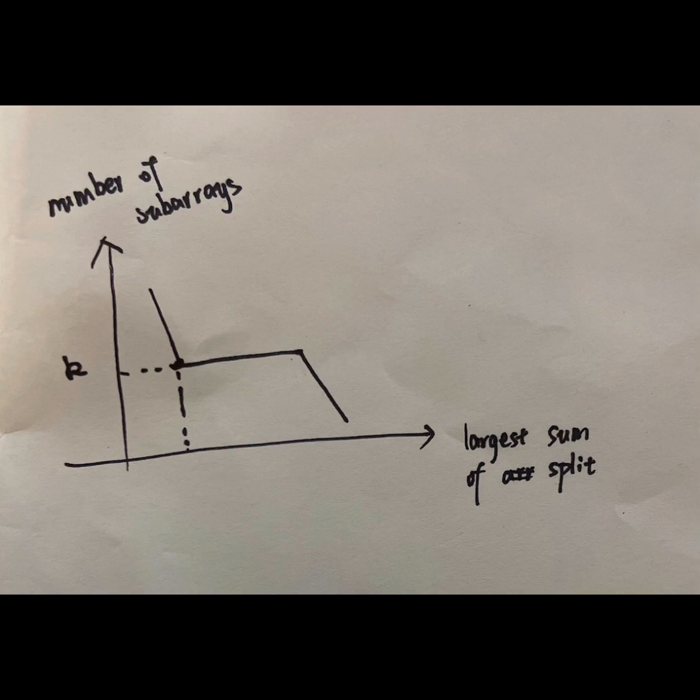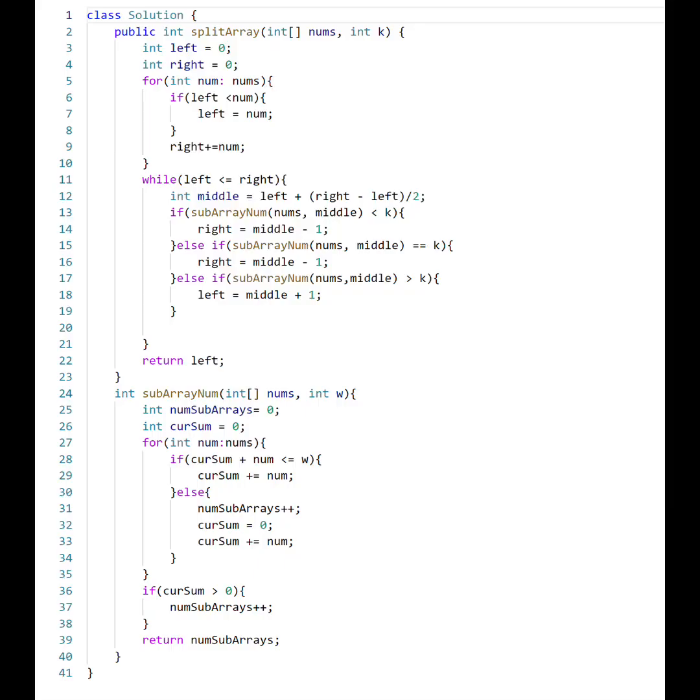I would say this problem is exactly like the one we solved yesterday, 1011. The description is a little bit different, but the algorithm we are using is completely the same.